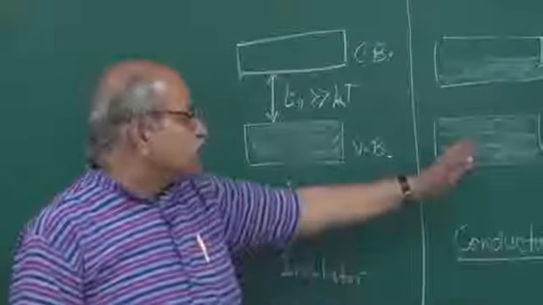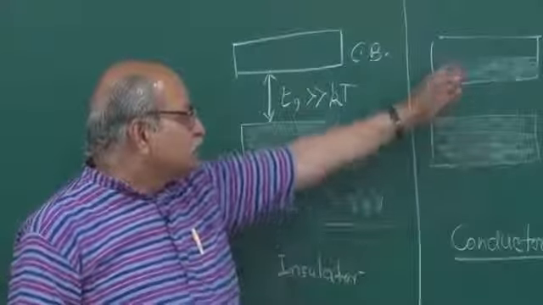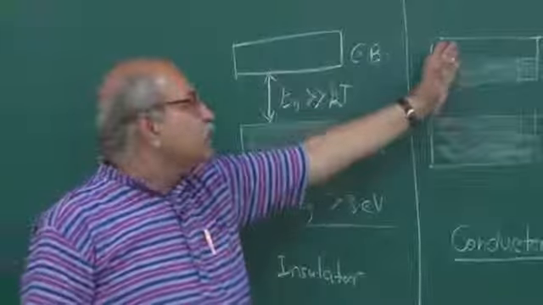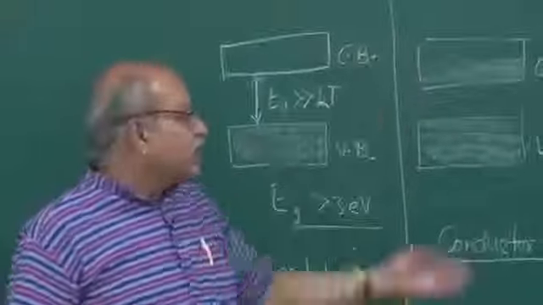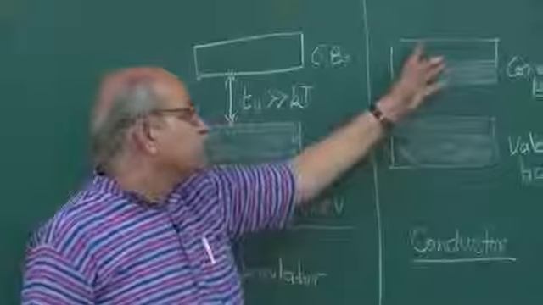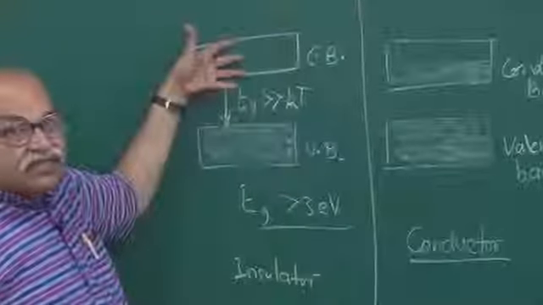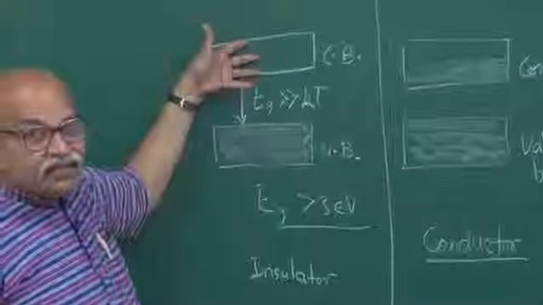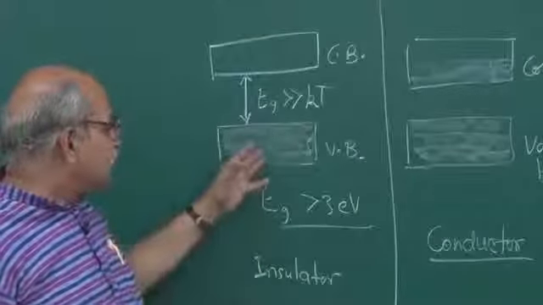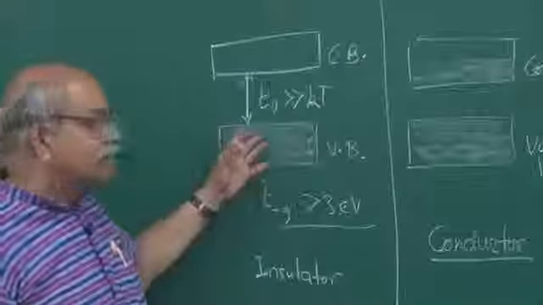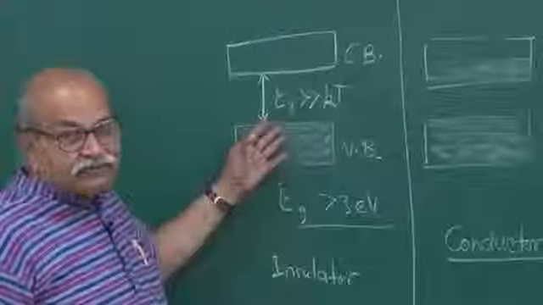Since quantum states are available, they accept that energy, respond and move according to the electric field, and you have conduction. Here you do not have electrons in the conduction band, and the electric field cannot do anything to these electrons because there are no nearby empty quantum states. So these electrons will just refuse that energy from the electric field.